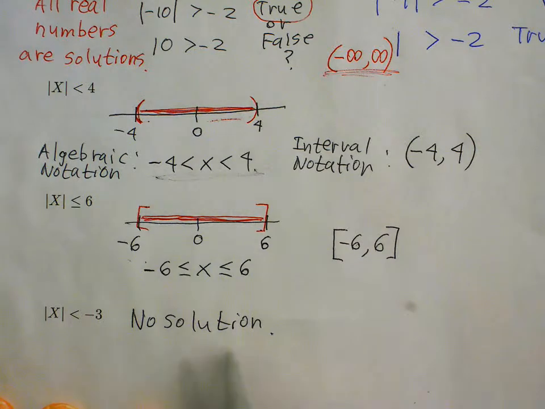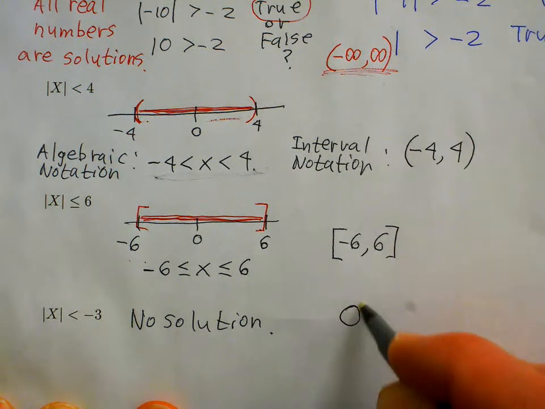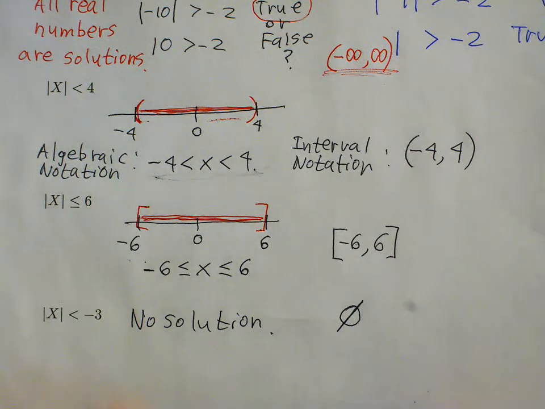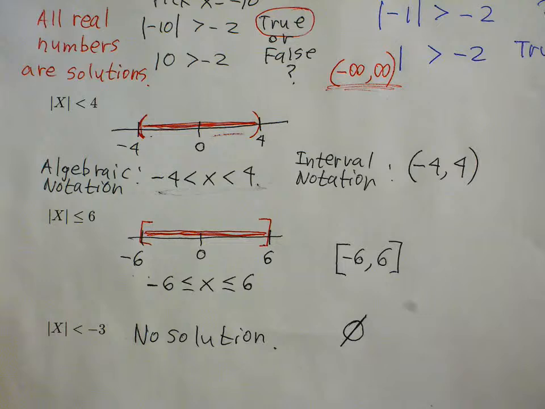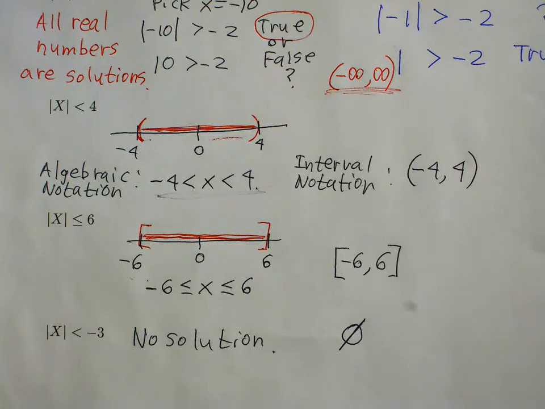When there's no solution, we use the empty set, the set that has no elements or no members. Okay, so I'm thinking that if you just think about what you're looking at and apply the definition of the absolute value, you can figure out how to solve the absolute value inequalities.